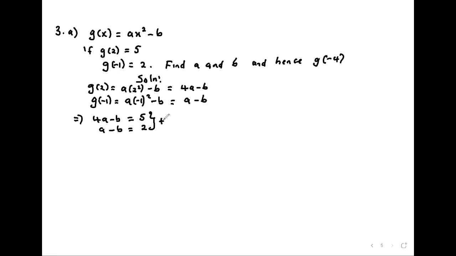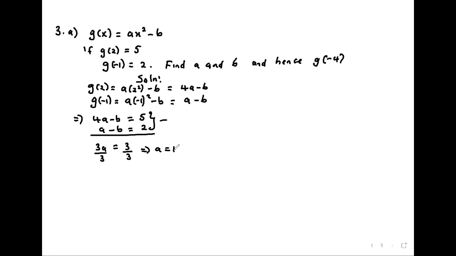If we subtract using the elimination method, we'll have 4a minus a, we'll get 3a. And then -b minus b, that will be 0. Then 5 minus 2, we get 3. Divide by 3, divide by 3. So we have a is equal to 1.